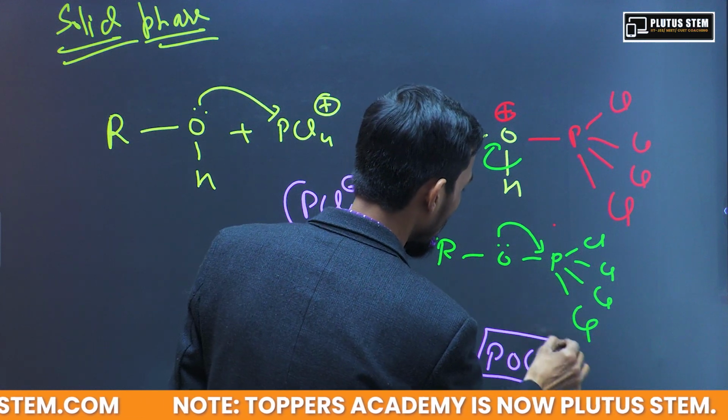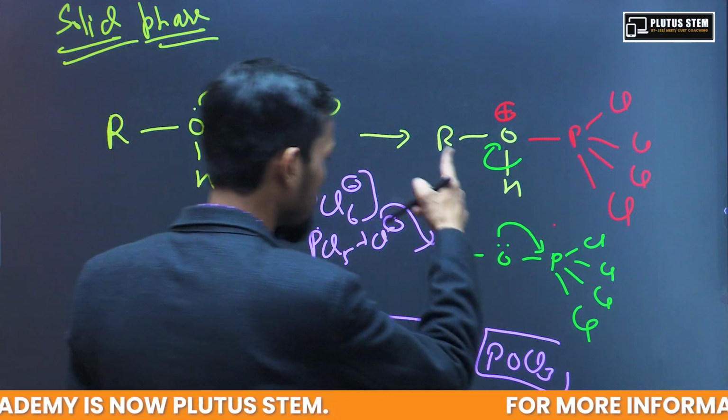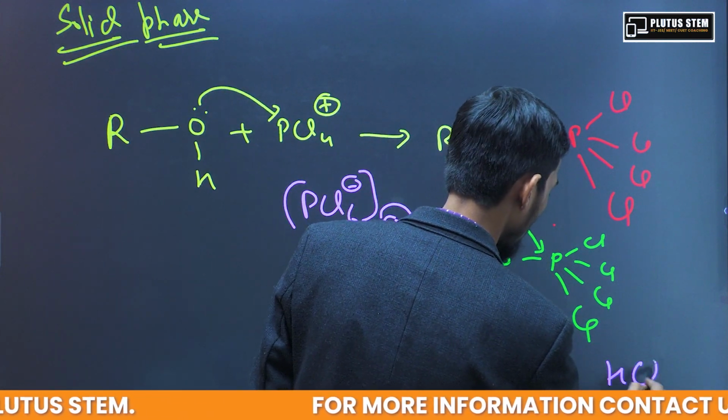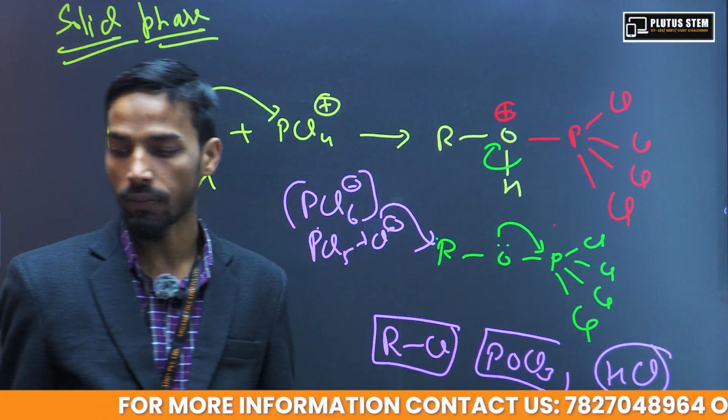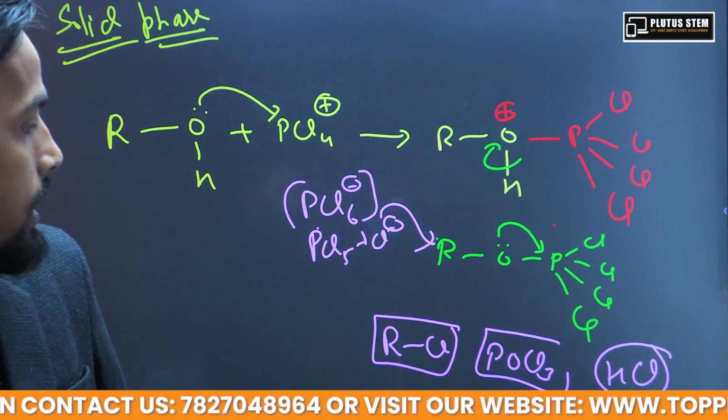This will also leave over here, this POCl3, and that H positive will make a bond with this Cl. So the final product will be HCl, POCl3 and RCl.